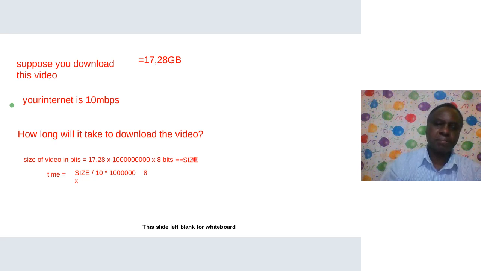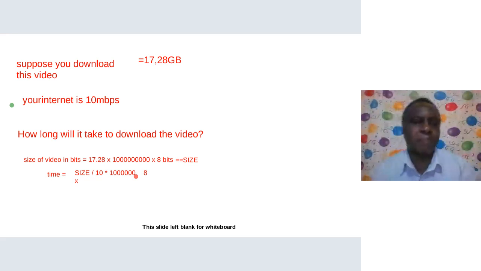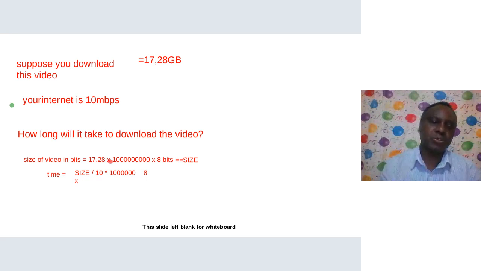Here they are bits, and here they are also bits. Every second you are transferring 10 megabits. So if you are transferring 10 megabits every second, how long will it take to transfer all these bits with your internet speed?